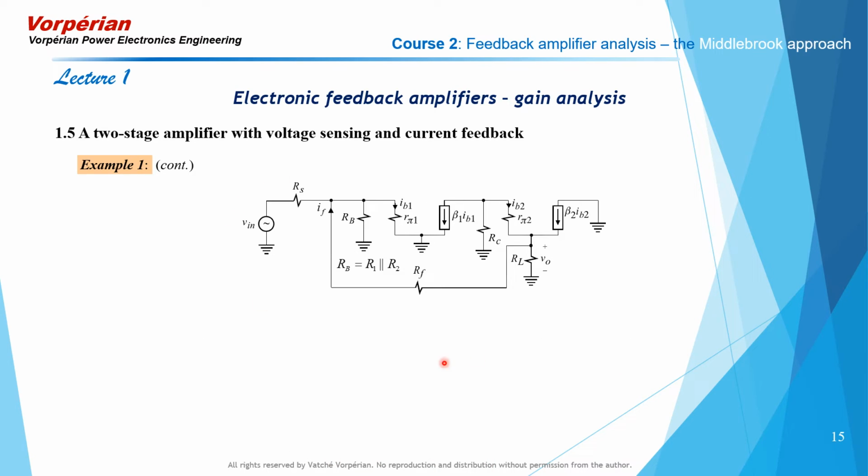In this equivalent circuit, we see that the gain in the forward path comes from beta 1. The second stage here is configured as a follower, so that doesn't contribute to the gain of the output voltage. So we designate beta 1 as the extra element and apply the extra element theorem for dependent sources to beta 1.